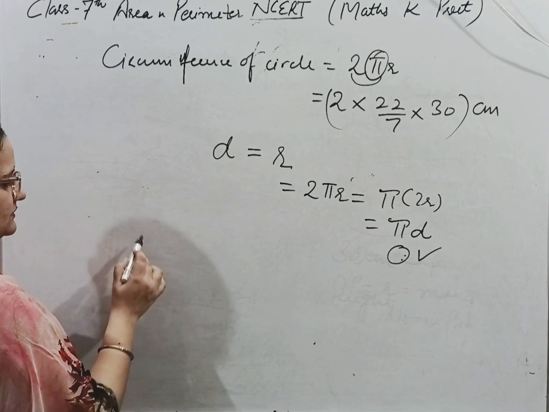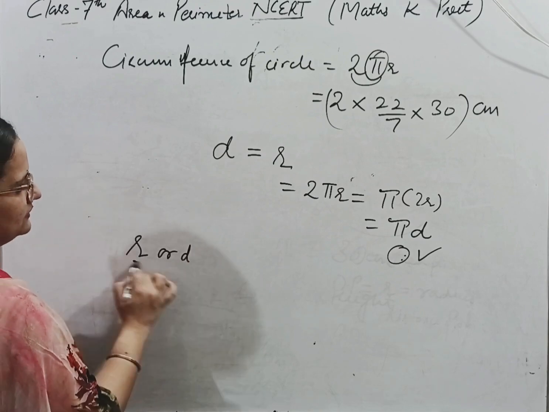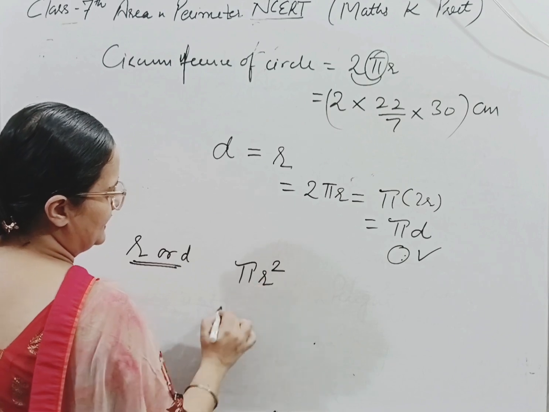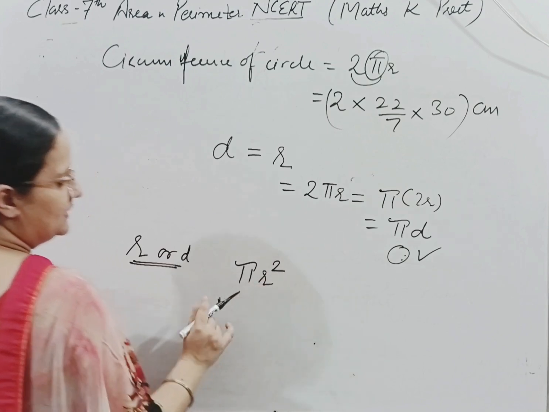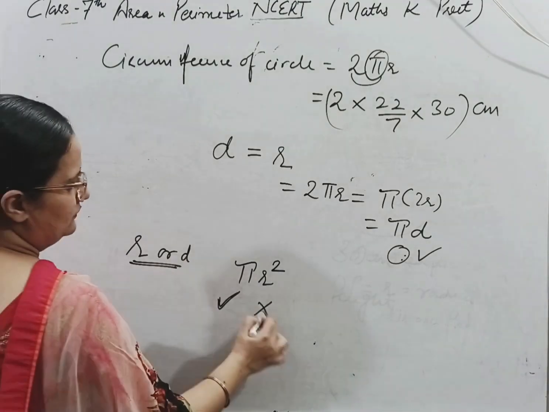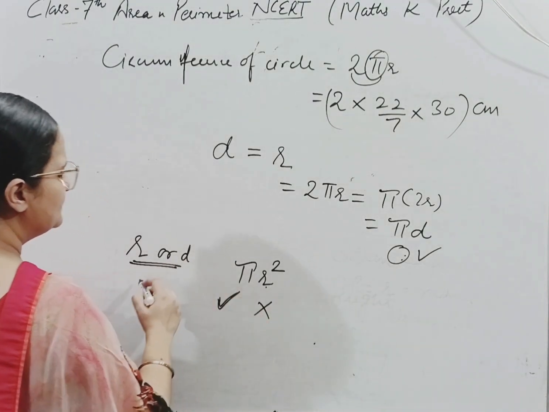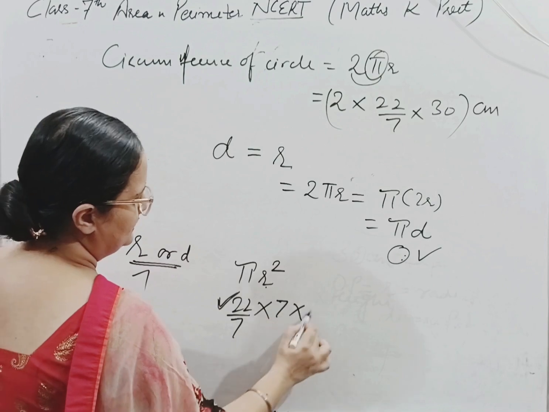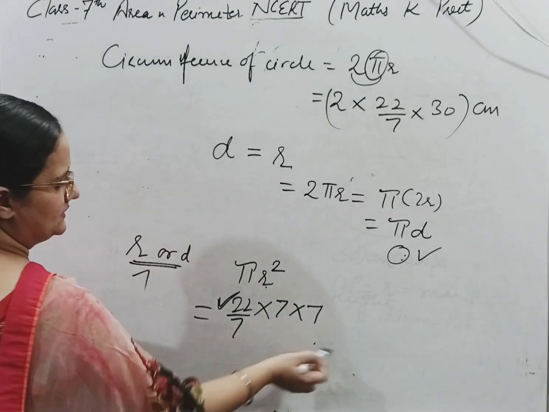In simple questions, when the value of r or d is given, we can calculate the value of r if d is given. What is the formula? Pi r square. We will put the value of pi that is given or asked in the question, and the rest of the values we have. Suppose my r is 7. So I will put 22/7, 7 into 7, pi r square.